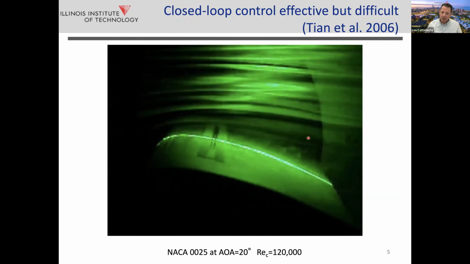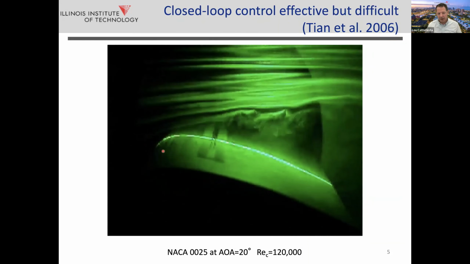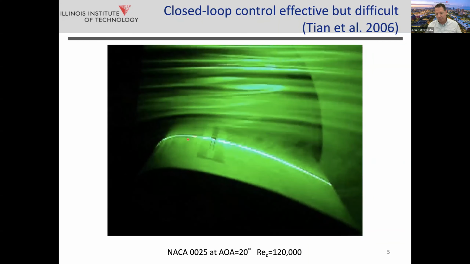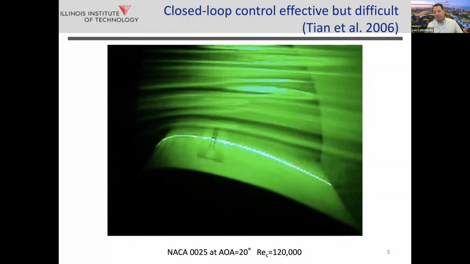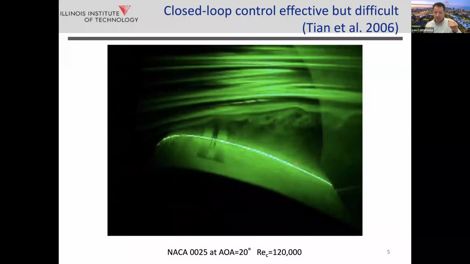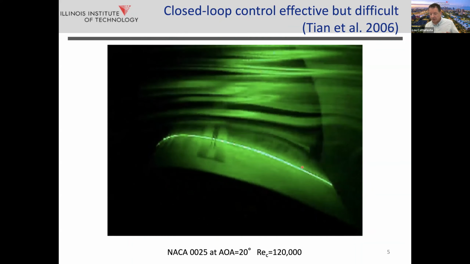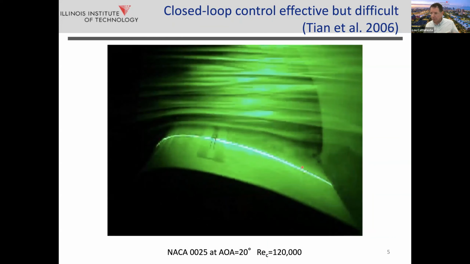And this is at a chord Reynolds number about 120,000. So he studied using arrays of synthetic jet actuators and arrays of pressure transducers, methods to control this using adaptive control algorithms, and found that when we use the pressure transducers to sense the state of the flow, there were some problems with doing this.